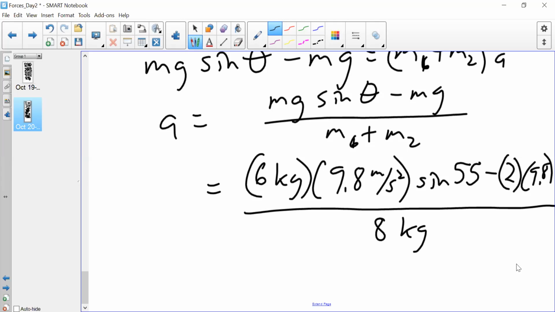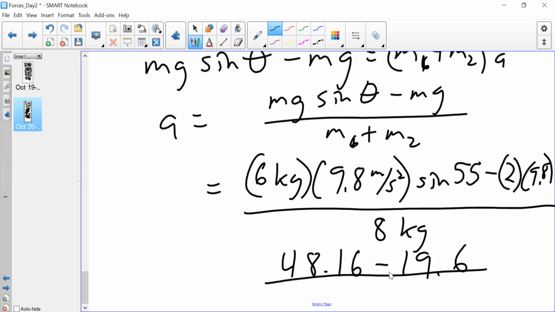Let's get 3.57. This first one should be 48.16 minus 19.6, divided by 8. Looks good. Okay, 3.57.